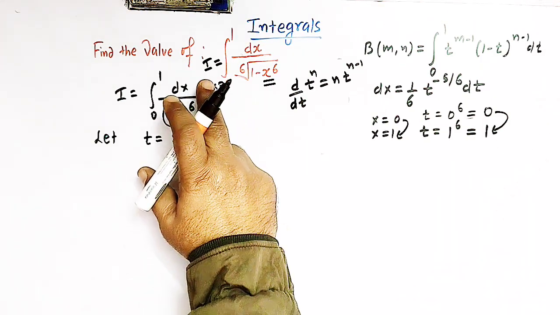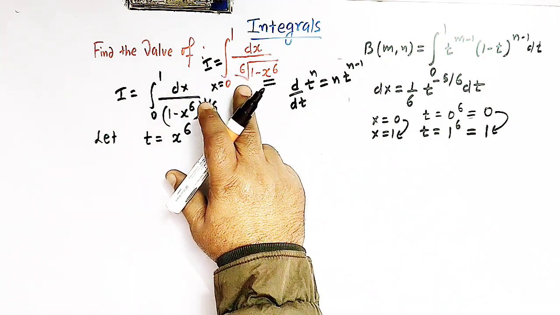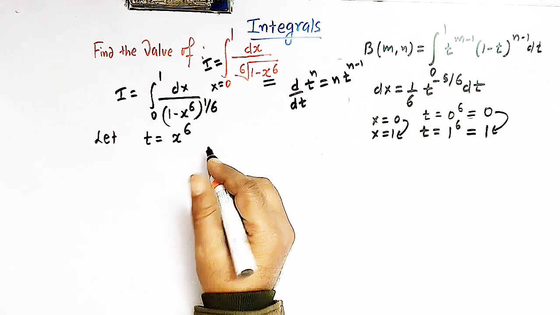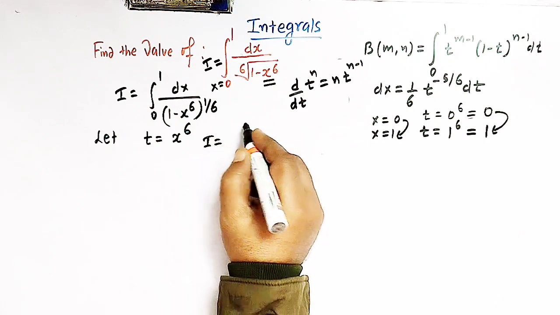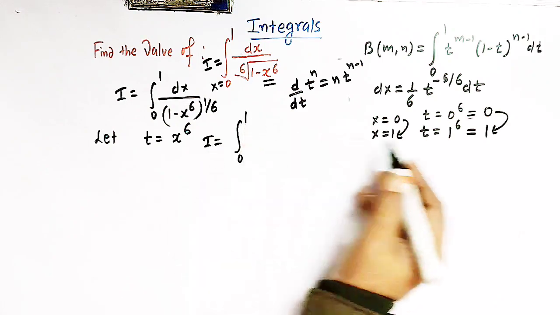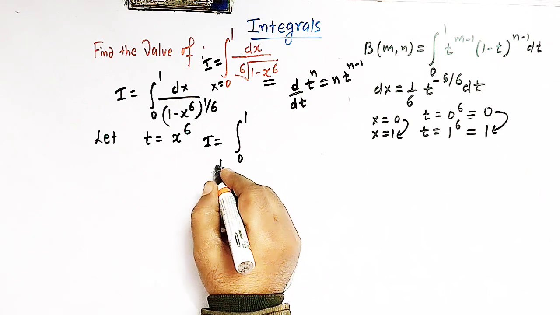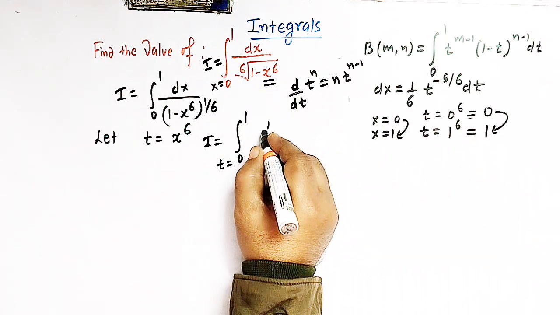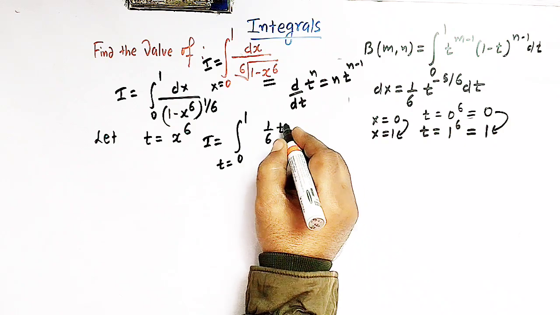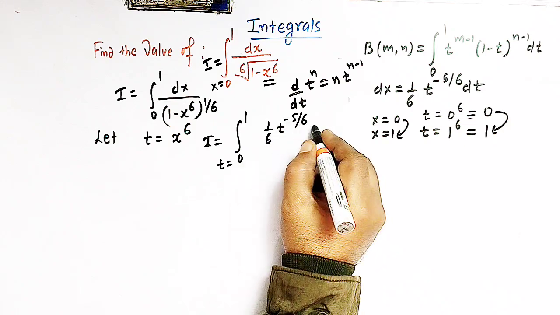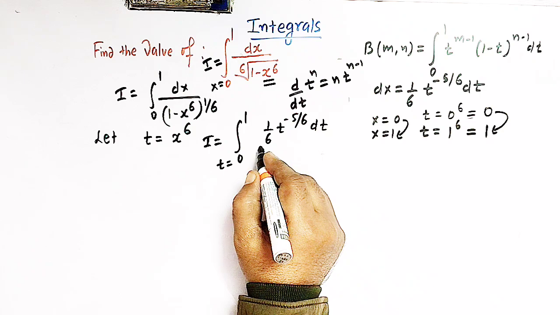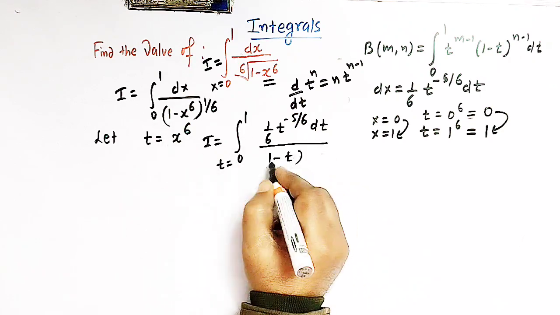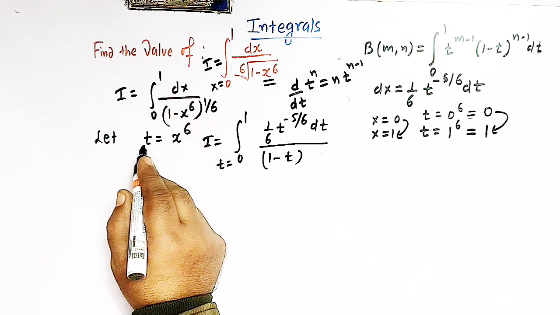So now let us write the value of this integral I in terms of t. We can now write I is equal to the integral from 0 to 1, because the limits remain the same, and for dx we can write 1 over 6 and t raised to minus 5 over 6 dt, and in the denominator we have (1 minus t) raised to 1 over 6, because x raised to 6 is t.